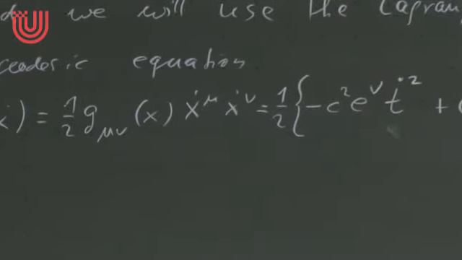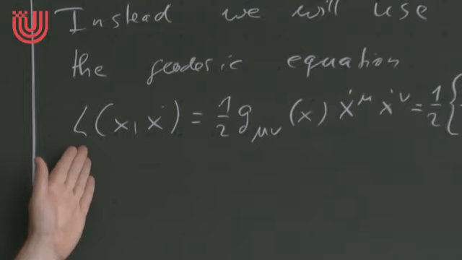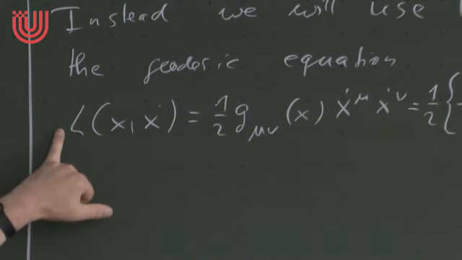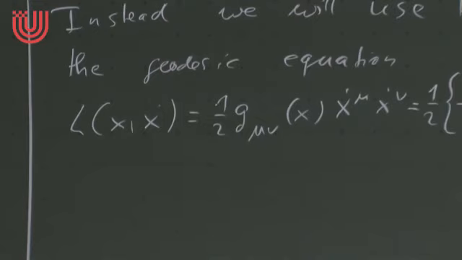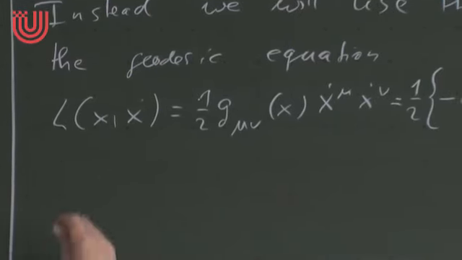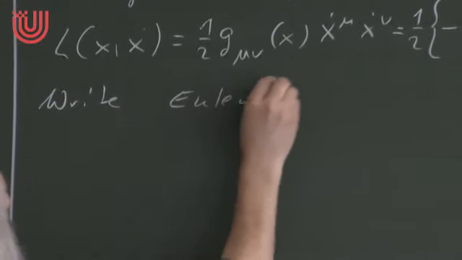If we write the Euler-Lagrange equations with this L, then we get the geodesic equations. And in the geodesic equations, also the gammas enter. And it's much more convenient than using this equation to write the Euler-Lagrange equation and to read the gammas from this. So use the Lagrangian, write Euler-Lagrange equations.